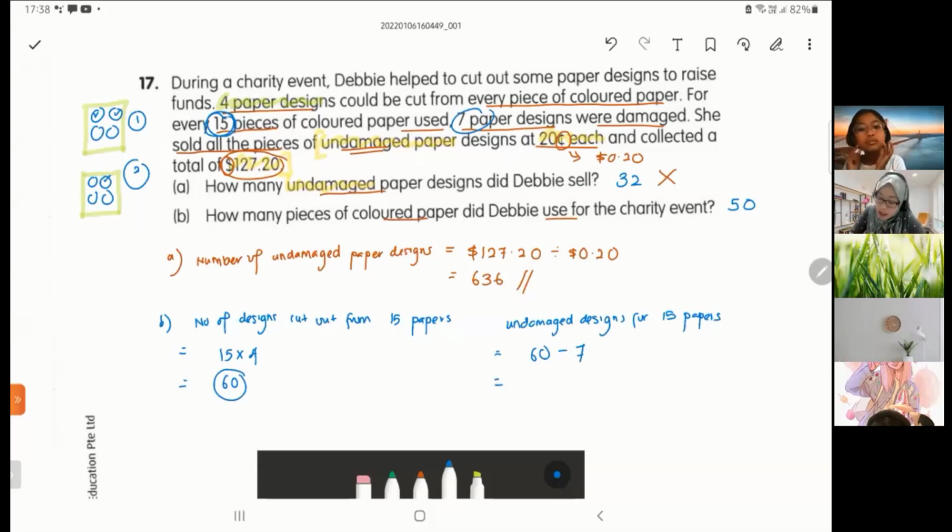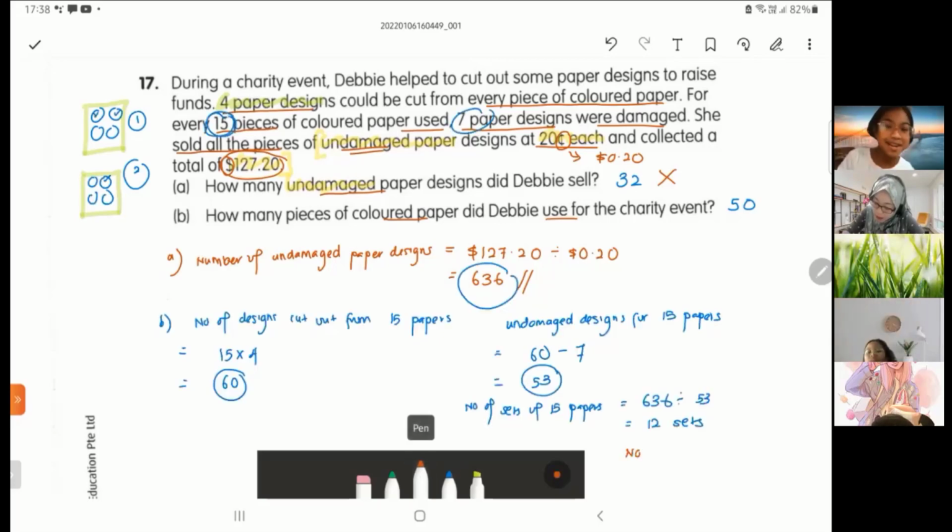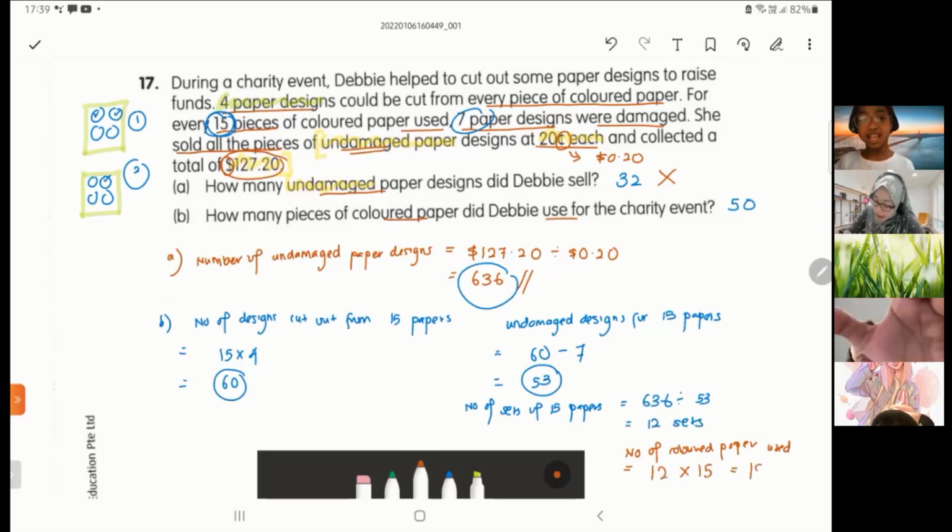So undamaged will be the balance, which is 53. Then we will do the number of sets of 15 papers. 636, this one, divided by 53, this one, equals 12. So how many sets of 15 papers do I have? I have 12 sets. So the number of colored papers used will be 12 times 15 equals 180.